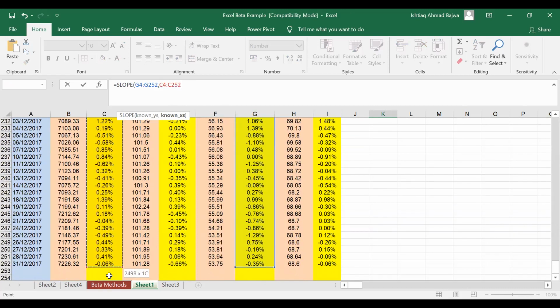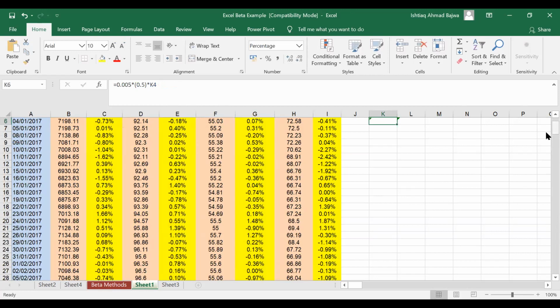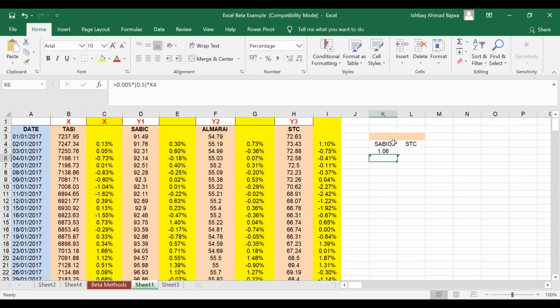I take it for Tadawul, and it gave me a beta of 1.06 for Al-Marai. You should practice it yourself. That's why that sheet is there on the side. If you find any problem in practicing, please feel free to ask me.